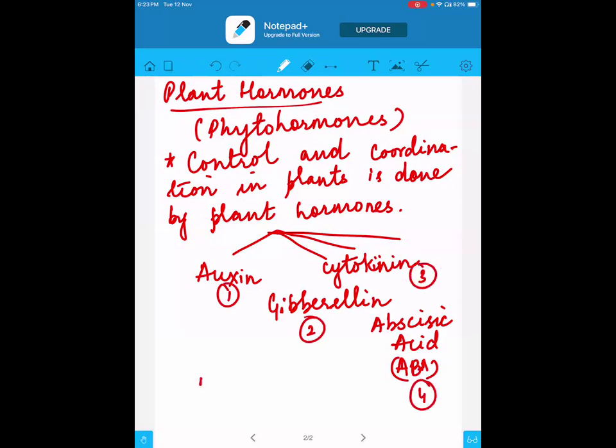Apart from this, we have one more, which is called ethylene acid, ethylene, and it is denoted as capital E and A. So these are the five different plant hormones present in them: auxin, gibberellin, cytokinin, abscisic acid, and ethylene acid.